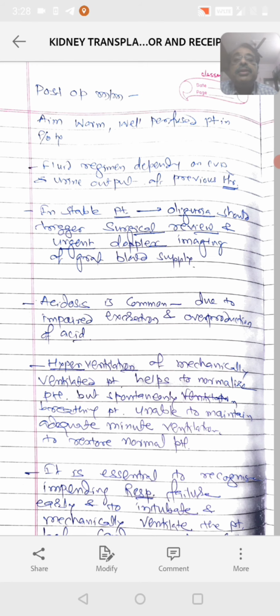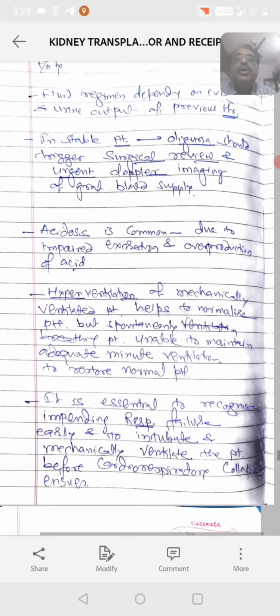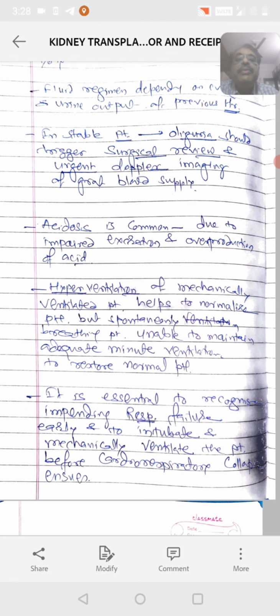Acidosis is common due to impaired excretion and overproduction of acid. Hyperventilation of a mechanically ventilated patient helps to normalize pH, but spontaneously breathing patients are unable to maintain adequate minute ventilation to restore the normal pH.